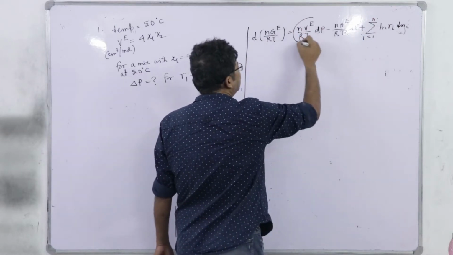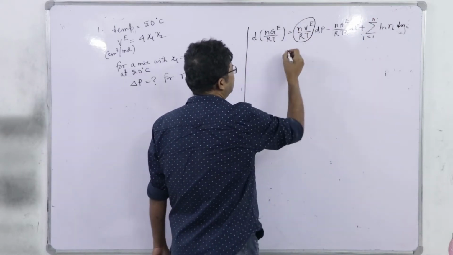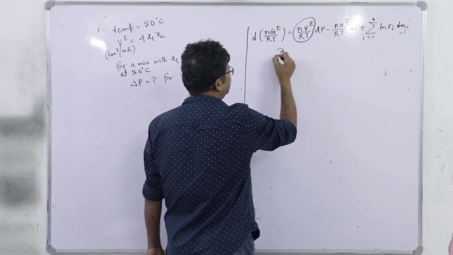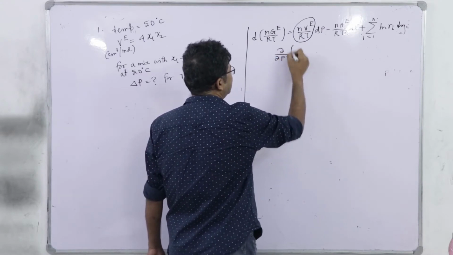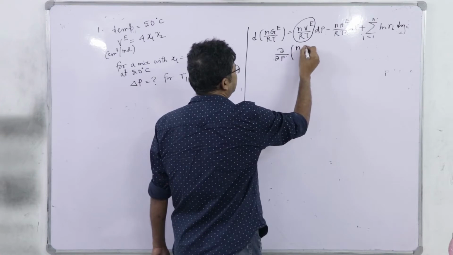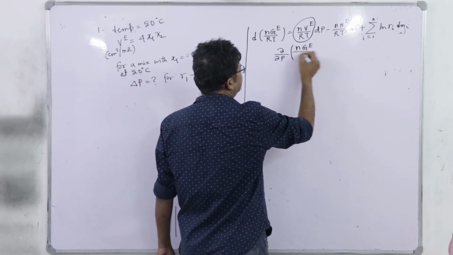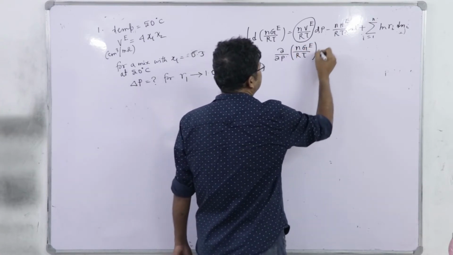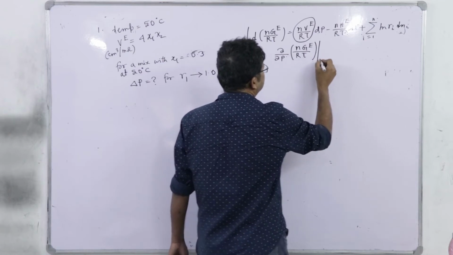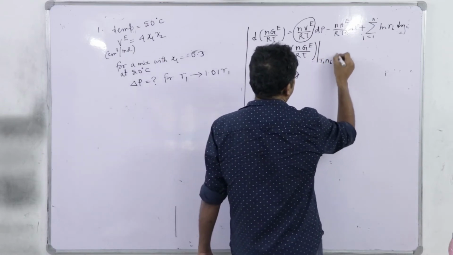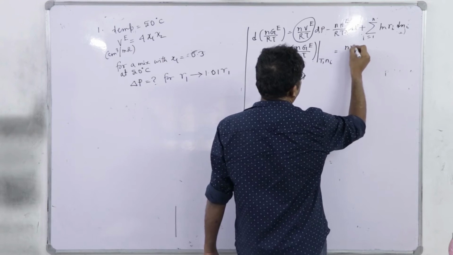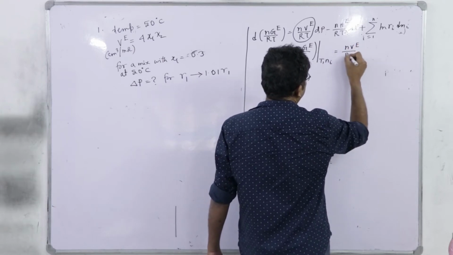So, definitely this nV^E by RT, which we have discussed previously, is the partial derivative of nG^E by RT with respect to P at constant temperature and n i.